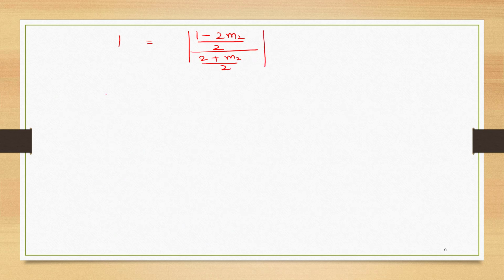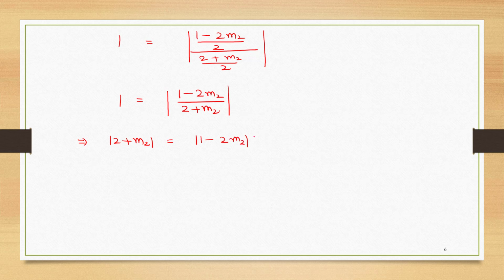These two 2s get cancelled. So we are left with 1 is equal to mod of (1 minus 2 m2) by (2 plus m2). Or we get mod of (2 plus m2) is equal to mod of (1 minus 2 m2).